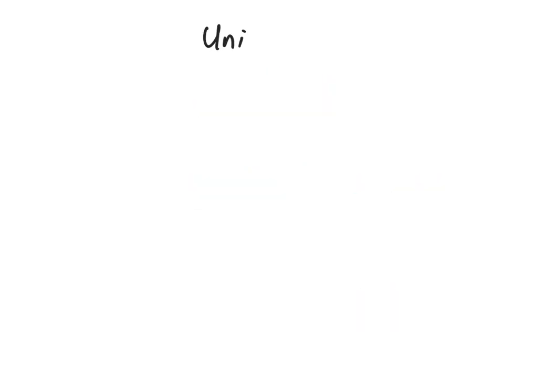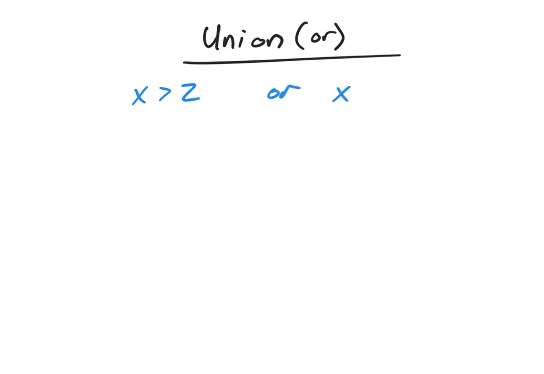So we're going to do some union problems with the word or in them. We'll start out with a real basic one. X is greater than 2, or X is less than or equal to -1.